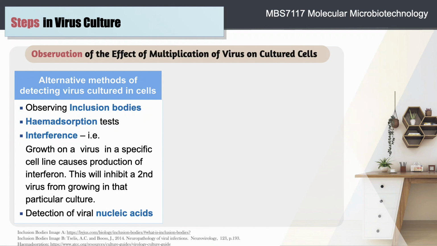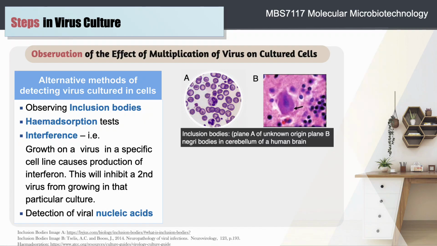However, other signs apart from CPE that we may see include observing inclusion bodies. In these diagrams, we are showing you the inclusion bodies, which are round organisms inside the cells. They may be depicted by the arrows, or you may see them around the circumference of the cells. This was in the case of rabies in a human being.